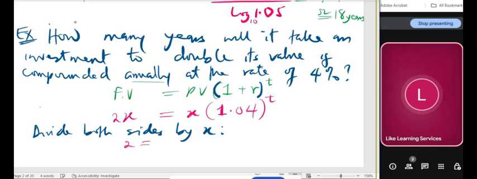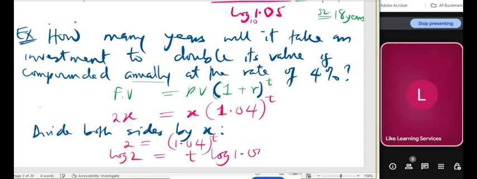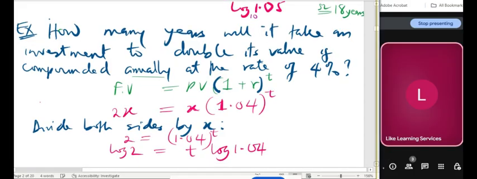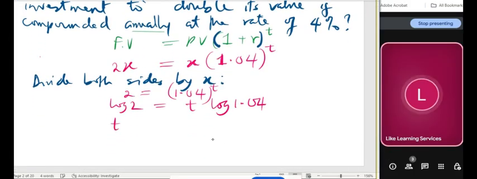2 is equal to 1.04 to the power t, and we take log of both sides. That will eventually give us log 2 is equal to t log 1.04, so that we don't waste time with all the steps. Or t equal to log 2 divided by log 1.04.